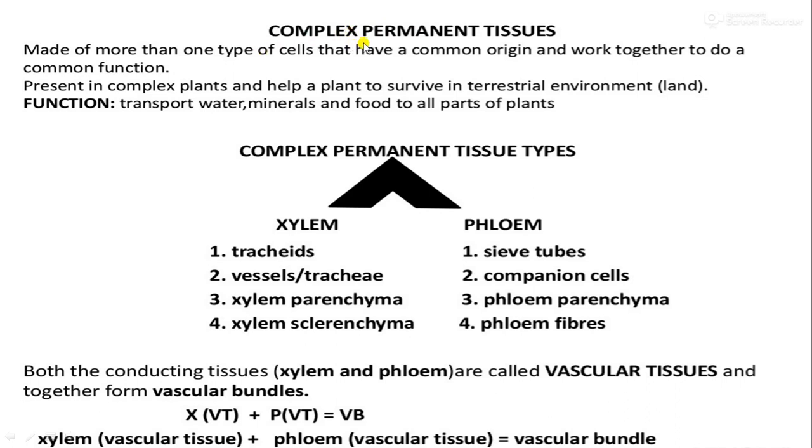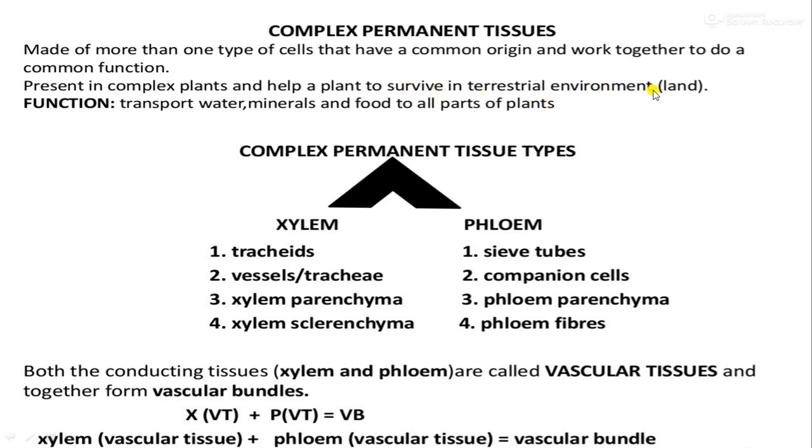So complex permanent tissues are called complex because they are made up of more than one type of cells. They are made up of different kinds of cells and present in plants, and these tissues help them to survive in terrestrial environment.